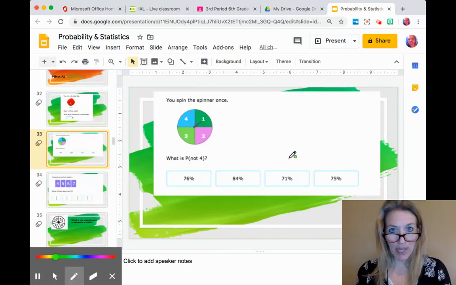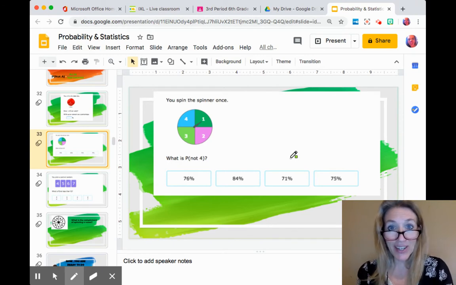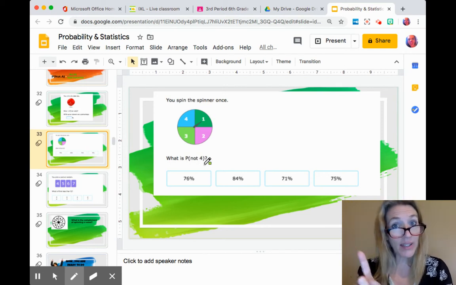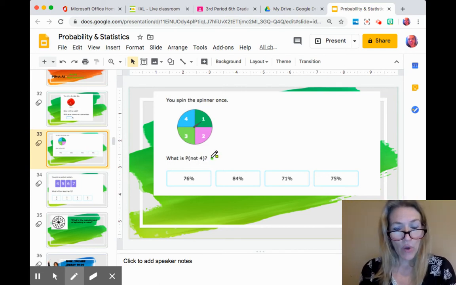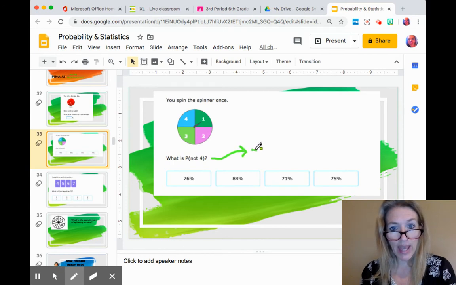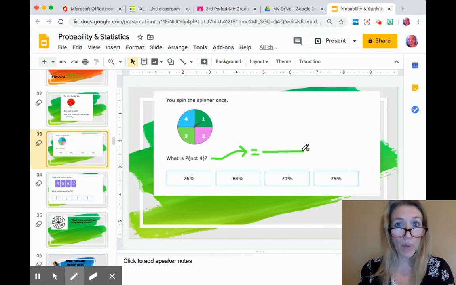Okay, example number 2 has a spinner, and the question asks, what is the probability of it not being 4? So much like yesterday, we're going to write up a fraction, and the denominator is going to be all of our total possible outcomes. So that's 1, 2, 3, 4 goes in the denominator.